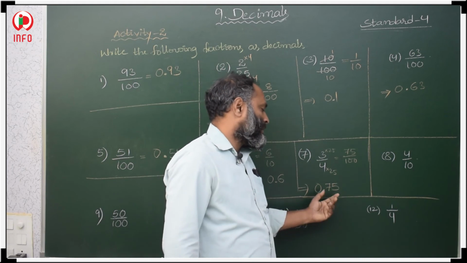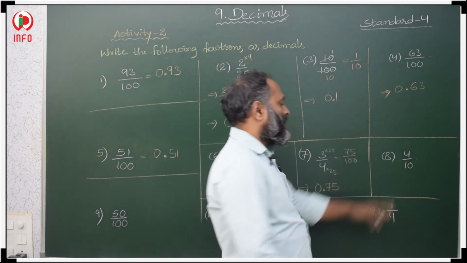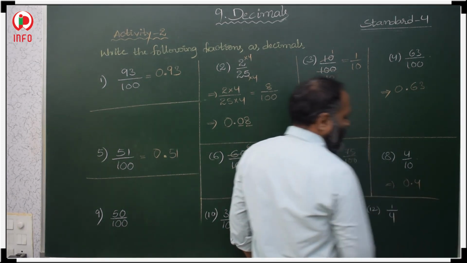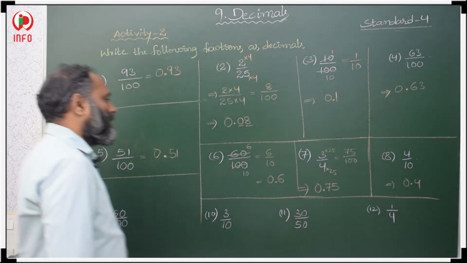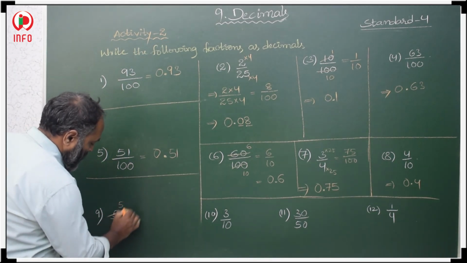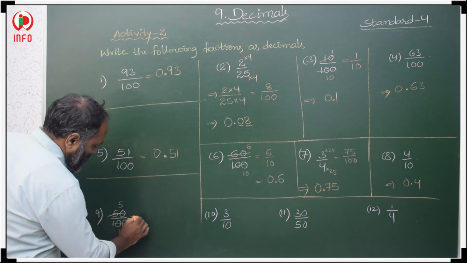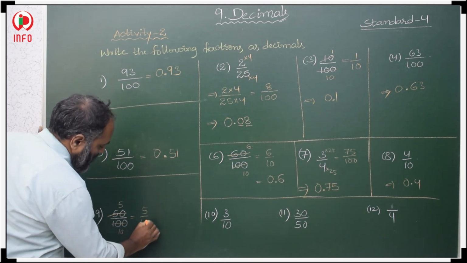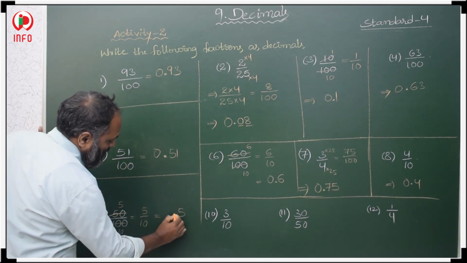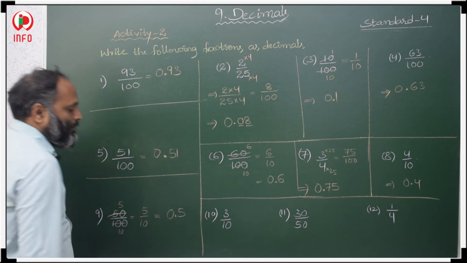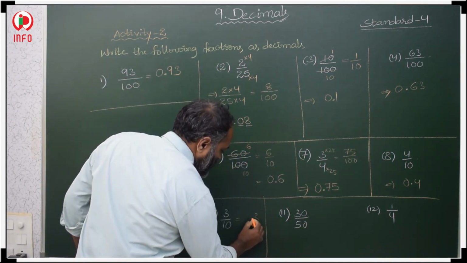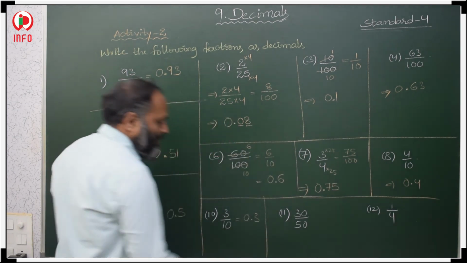Here 4 tenths, after 1 place we keep a decimal. Now 5 by 10. 5 tenths means after 1 place we keep a decimal. 3 tenths means after 1 place from right to left.